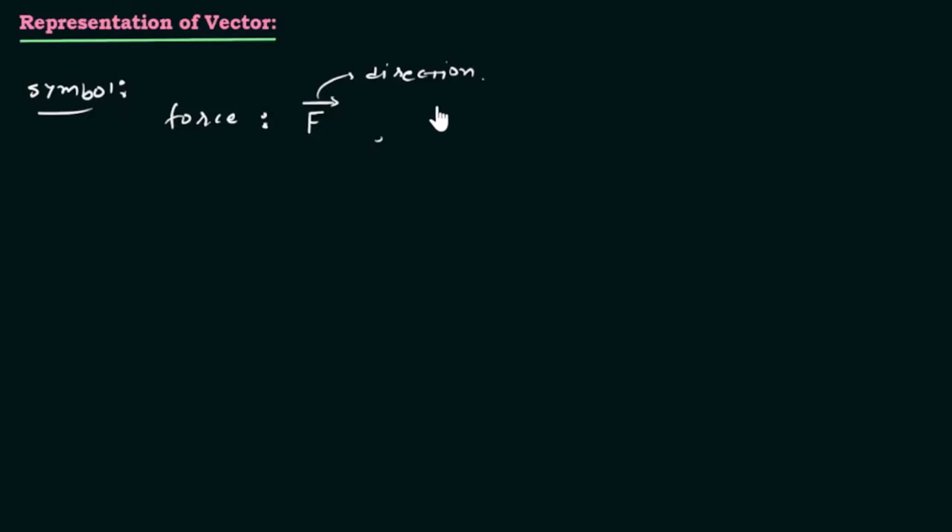In a few books, the vector sign is shown by a bold-face letter. If it is bold, it means the quantity is a vector. Similarly, I can write acceleration. The acceleration symbol is small a, and it has a direction which can be given by this arrow. So these are the symbolic representations of a vector.